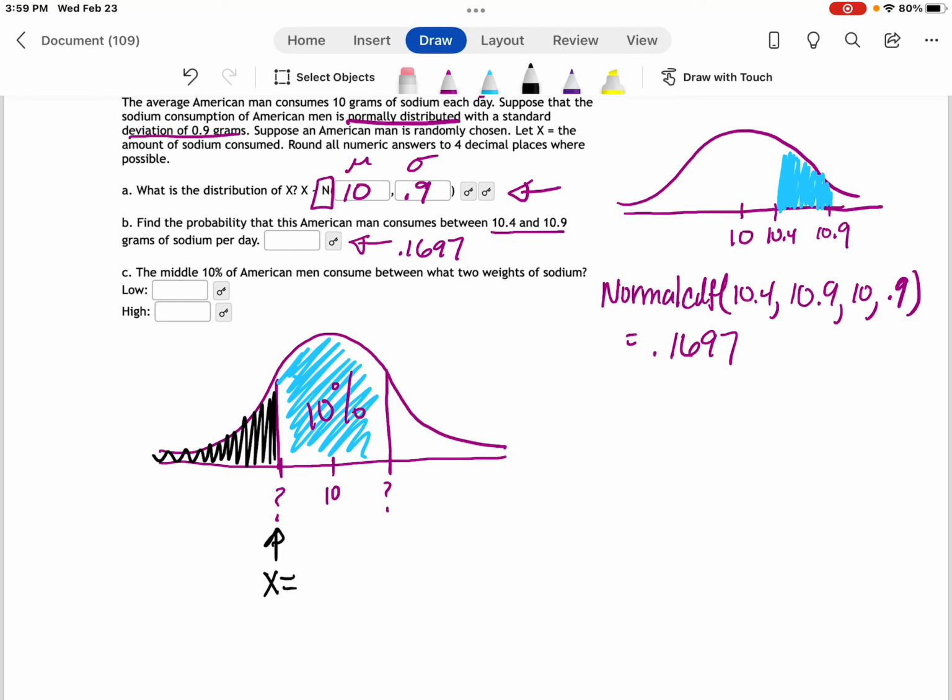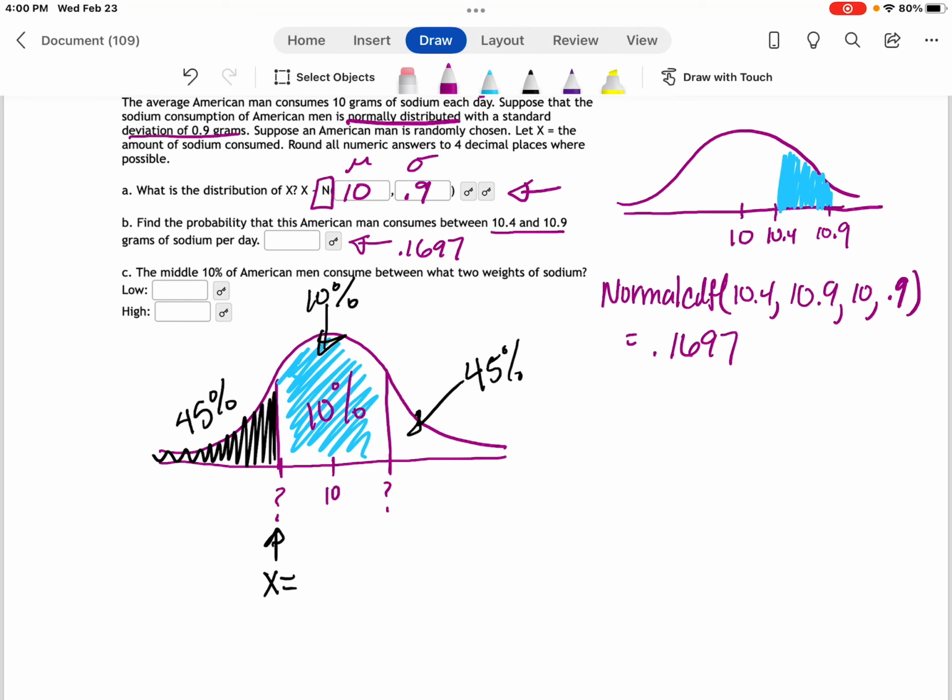Well, if 10% is in the middle, and I know that the entire graph has to be 100% underneath that curve, then 90% is left over in each wing, which means 45% is in each of these wings. We divide it up equally on each side because the graph is symmetric so that it all adds up to 100.